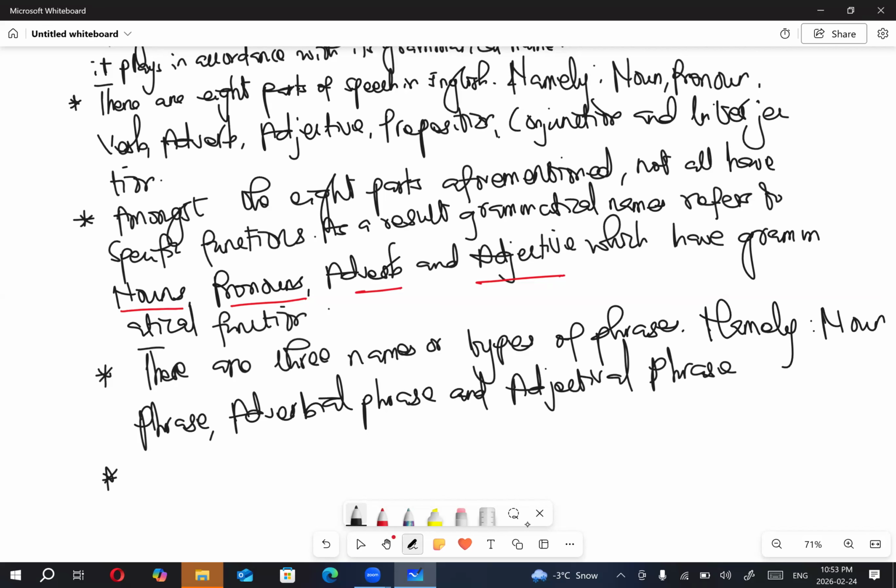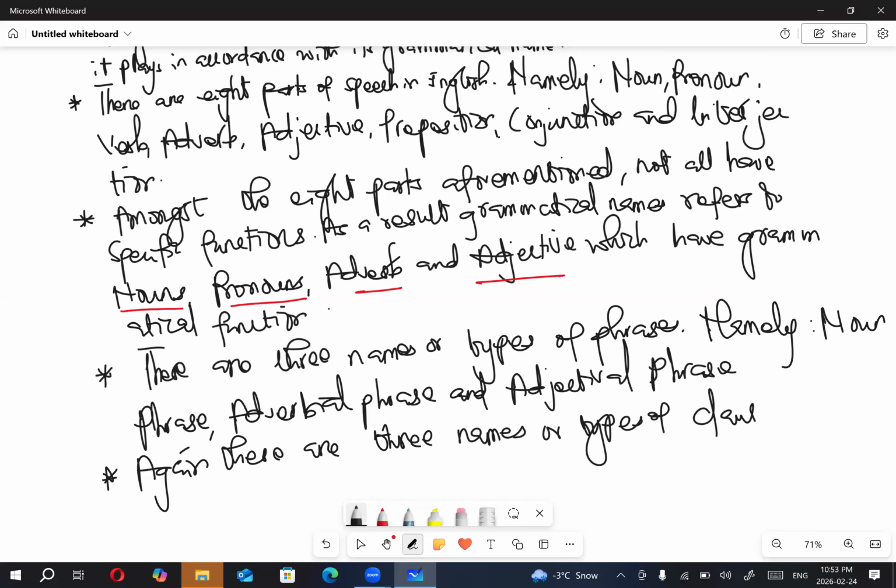Okay, then let's continue. Again, there are three names or types of clauses, right? Namely, we have noun clause, so the same name.